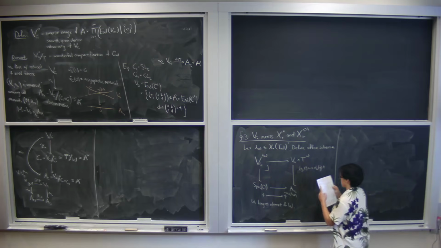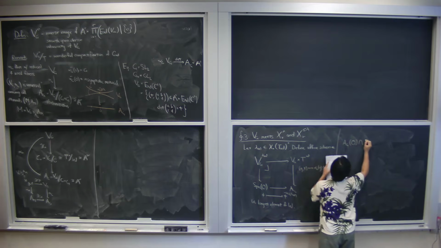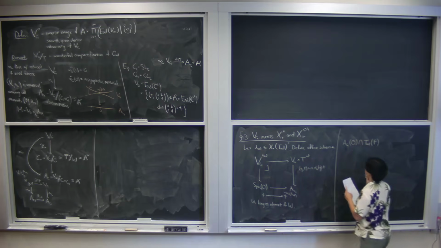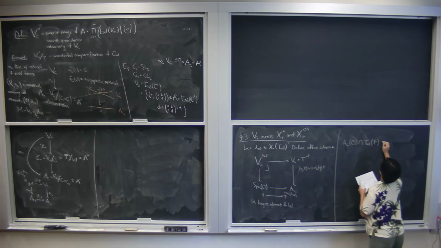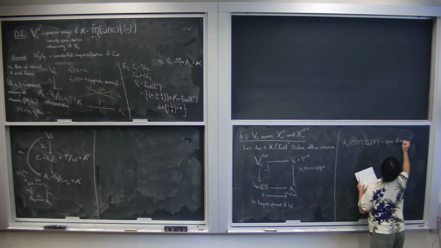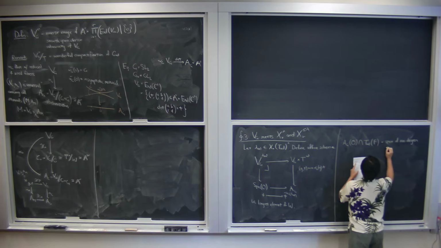First of all, if we take a look at AG of O modulo TAD of F, this intersection is the space of non-degenerate arcs of AG.